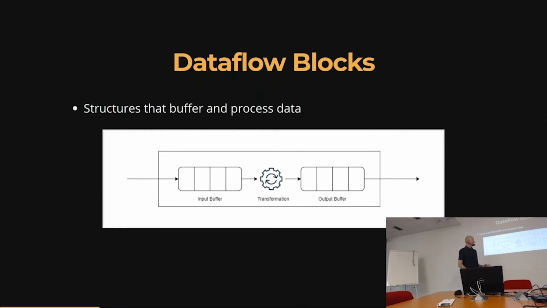Then you have the target blocks. Those have the input buffer and maybe also some transformation, but they don't have any output buffers. They are the end of your data. And the propagator blocks have all of these. So they have the input buffer and output buffer. So they are the things that connect the start and the end of your pipeline.